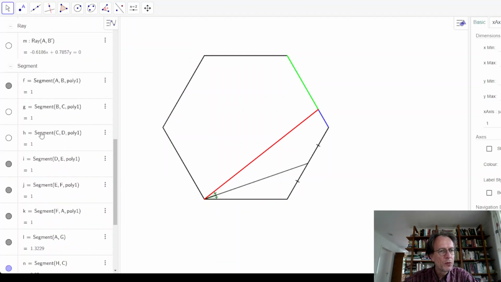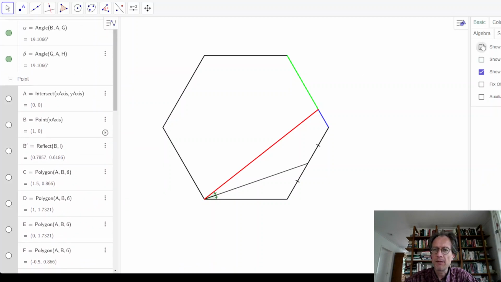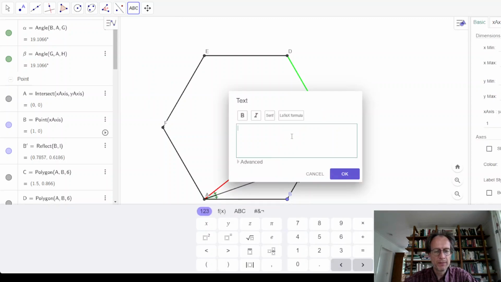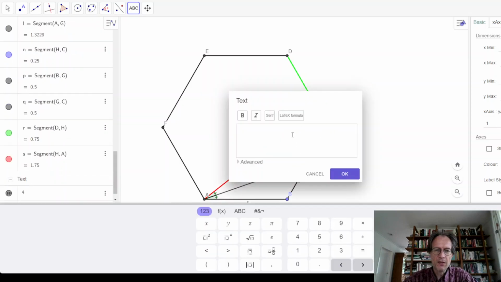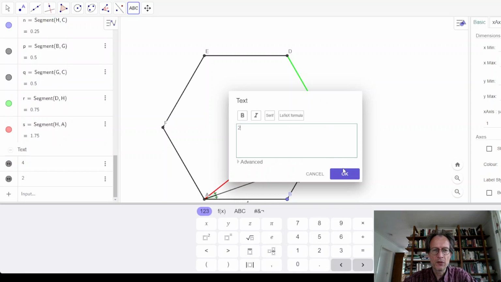Well, to find that proportion, first make visible the points, and let's say for convenience we choose the side length to be 4. It will become clear why that is convenient, so that these segments are half that, so we have here 2 as well.